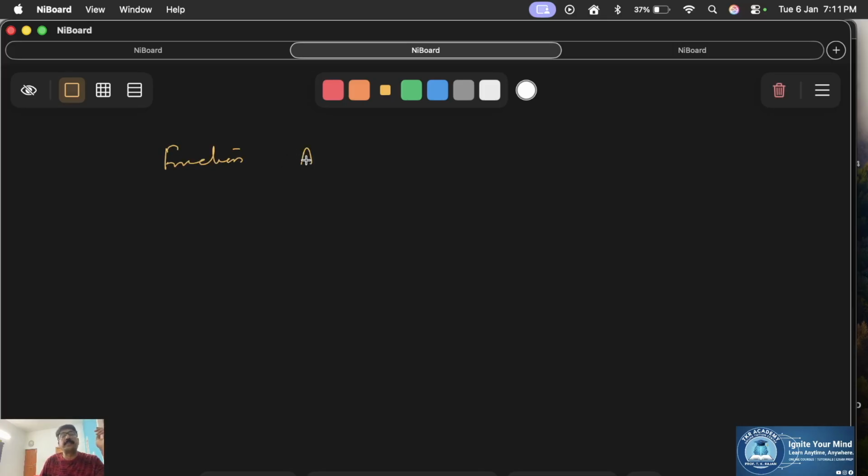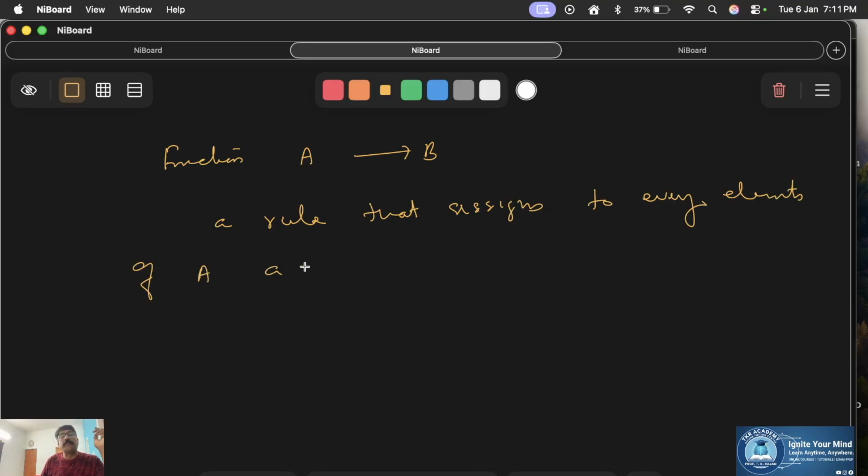A function from a set A to another set B is a rule that assigns to every element of A a unique element of B. So without mentioning relation, we can define a function like this. Function is a rule that assigns to every element of A a unique element of B.